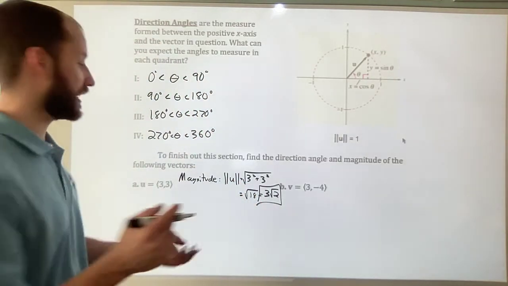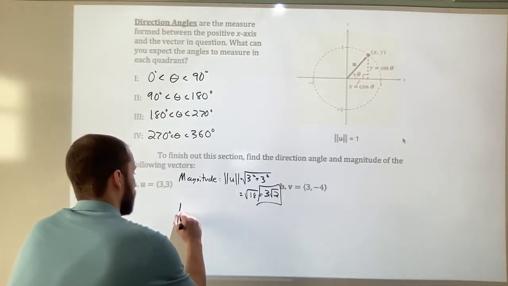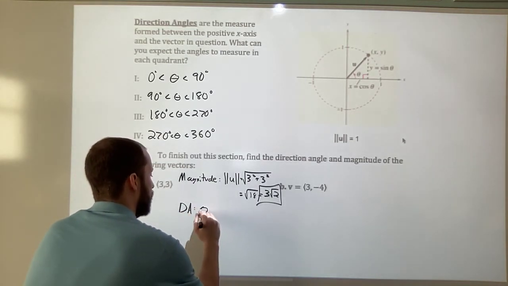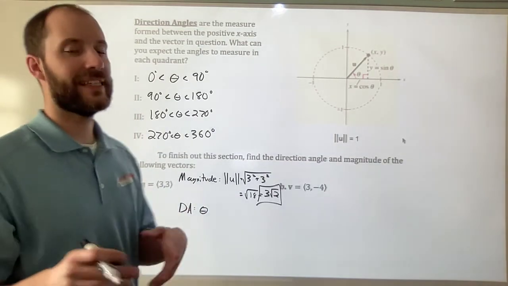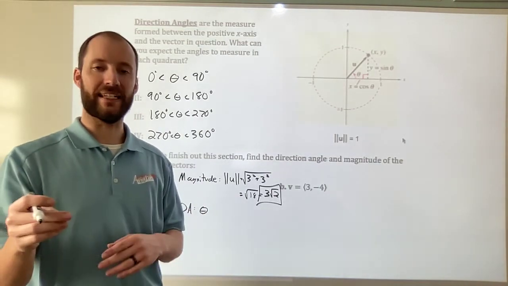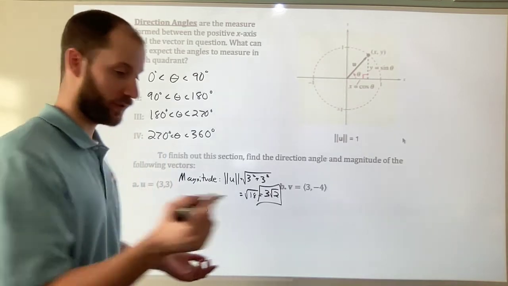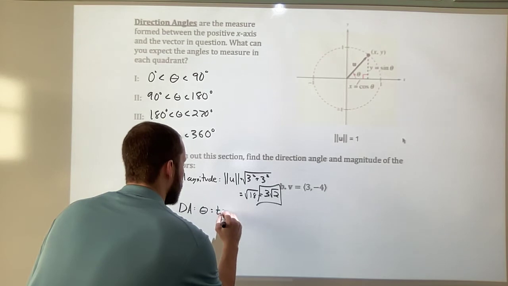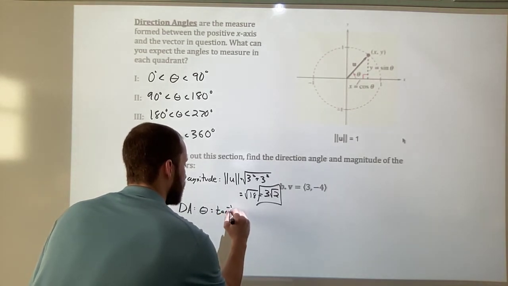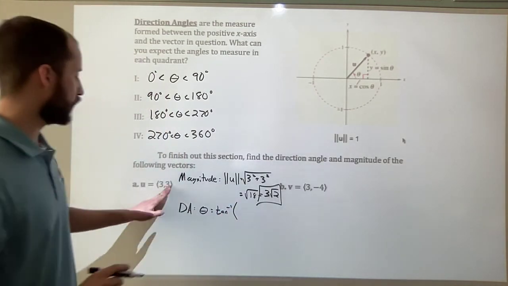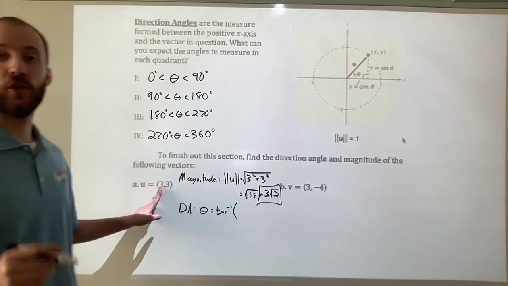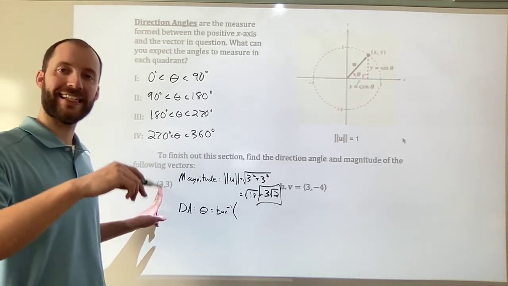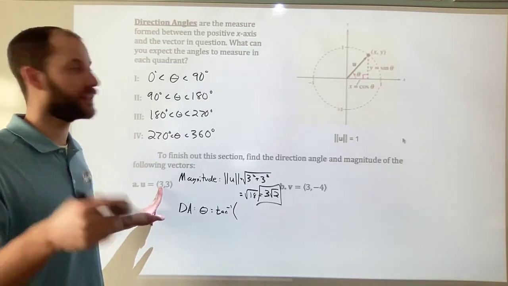To find our direction angle, so direction angle or theta, here is the easiest formula you can use: the inverse tangent of your vertical over your horizontal. Remember, sine is y, cosine is x, tangent is y over x.